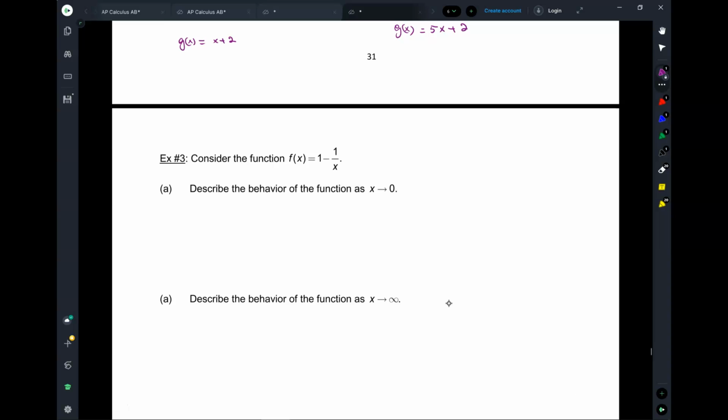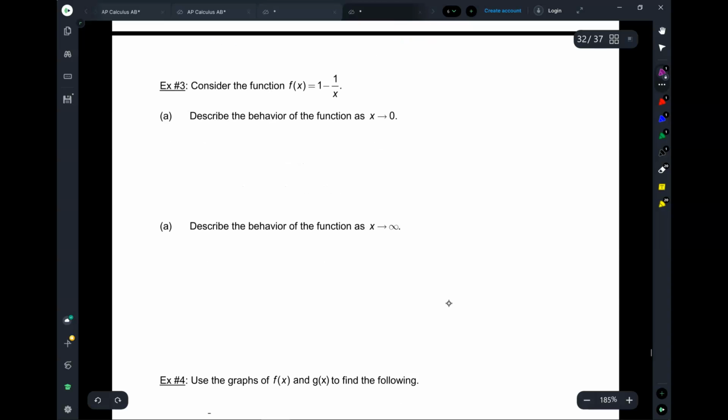So next, I want to talk about end behavior and limit behavior here. You see at the bottom, describe the behavior as x approaches infinity. This is end behavior. But I also want to talk about what happens as x approaches 0.